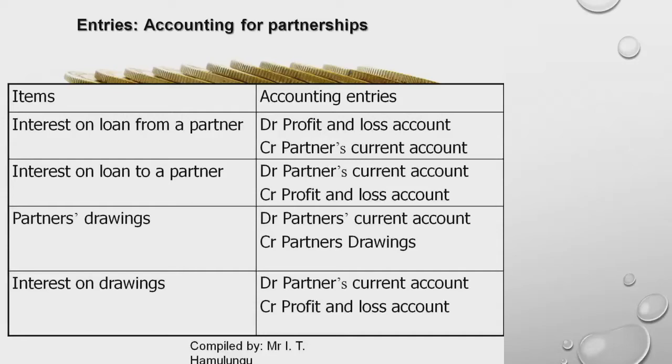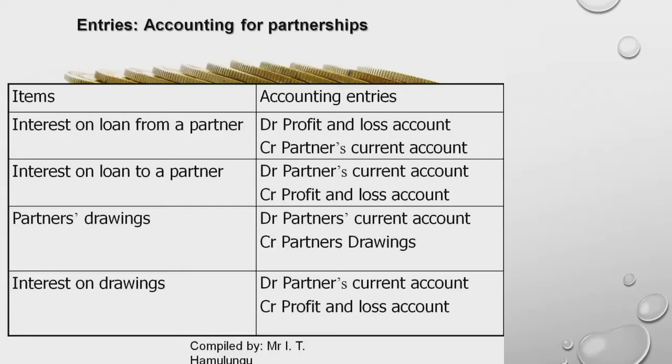Why credit it is because it decreases the income of the partner, because when your partner borrows money from a business, they have to pay it back in future with interest, and that is an expense to partners. Interest on loan to partner. Oh, no, I'm sorry. This is what I'll explain first.